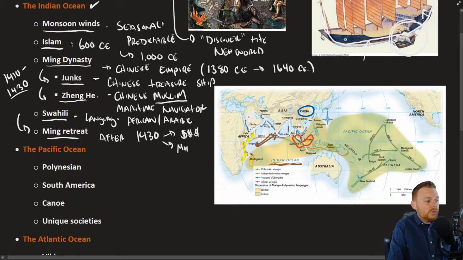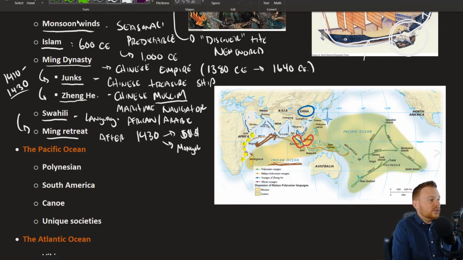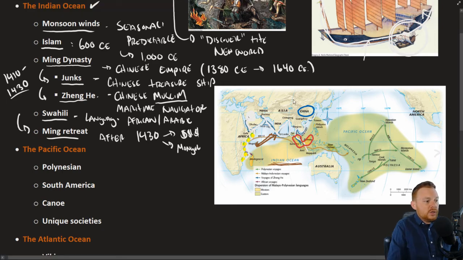The Mongol threat, for example. The Mongols were people who lived in northern China, who the Chinese had a very long and strained history with. So would the Mongols come and attack? It's not a good idea to spend all of one's money on navigation and ships when you're facing a potential threat at home.